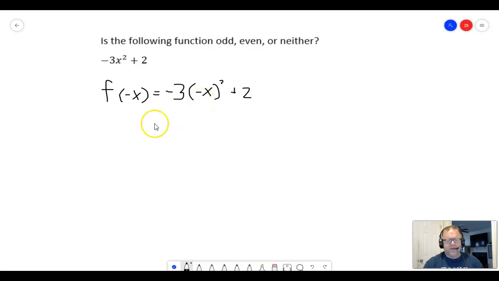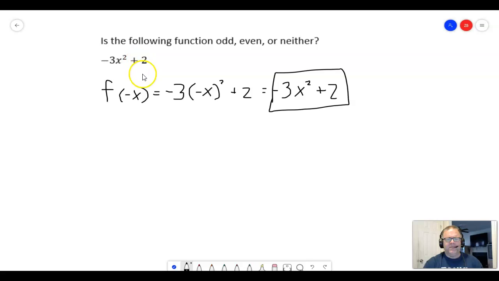So that's just going to be a positive x squared. So this is going to come out to negative 3x squared plus 2. And look at that. We got the original function back. And that means that that is an even function. So this one here is even.